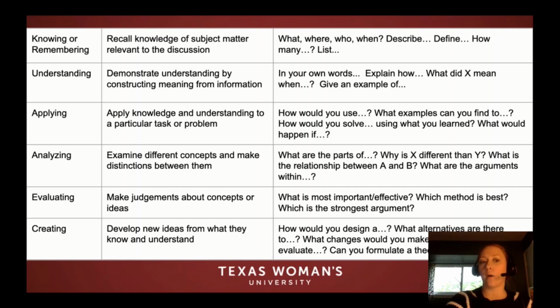You're saying, I want students to apply knowledge to a particular task or problem. Then this table gives you some question stems to help inspire some quiz and exam questions that will allow you to assess students' ability to apply that knowledge. This table is also on the resource doc, so you can have access to it.